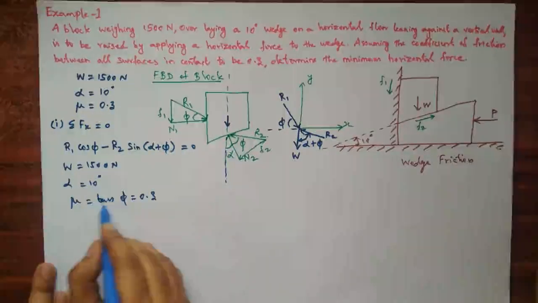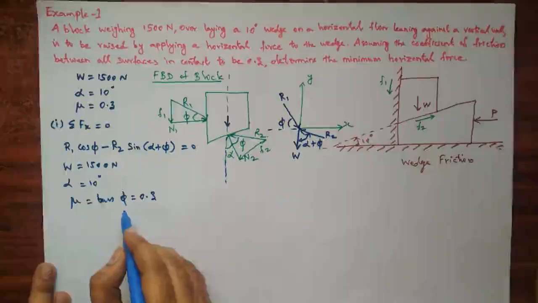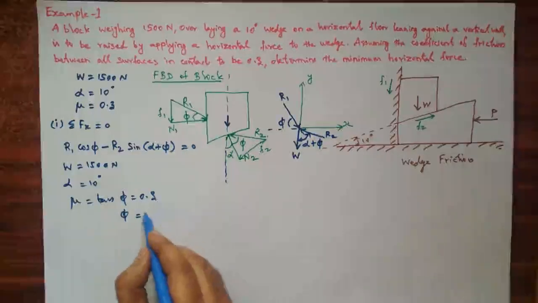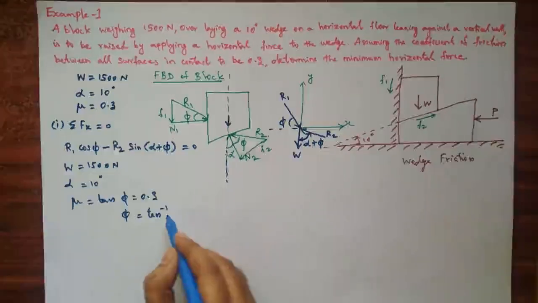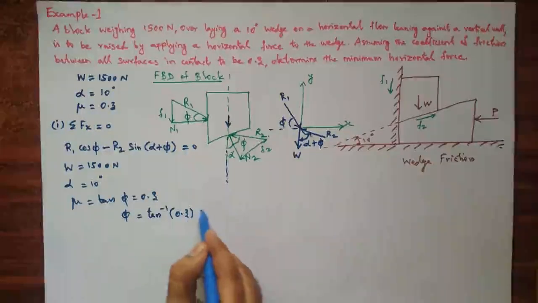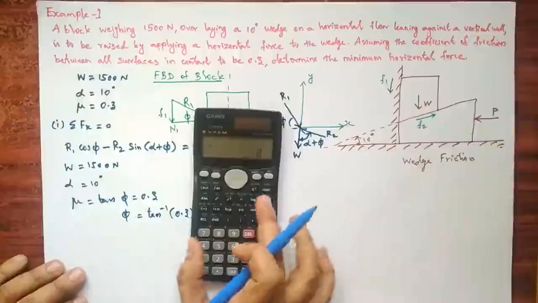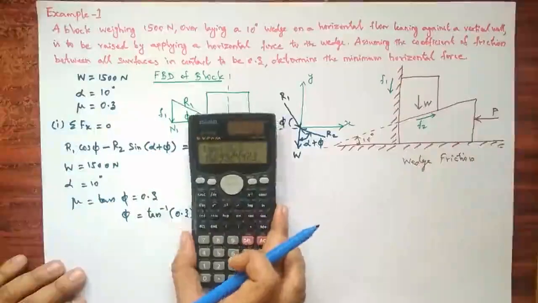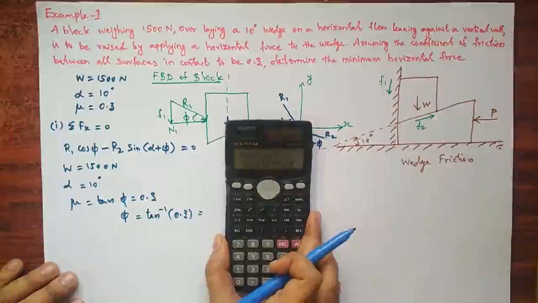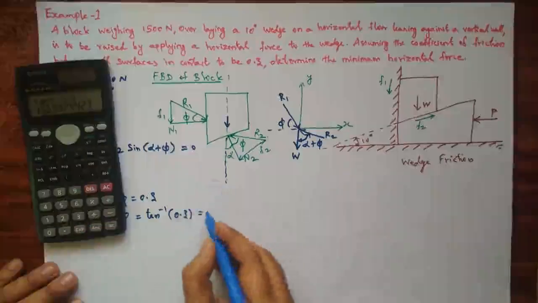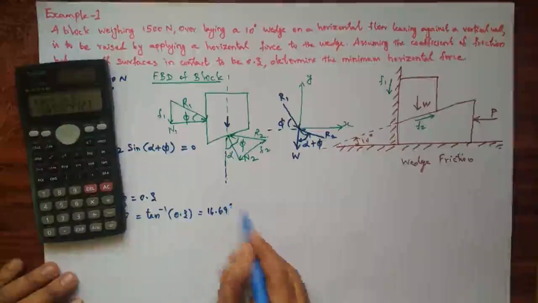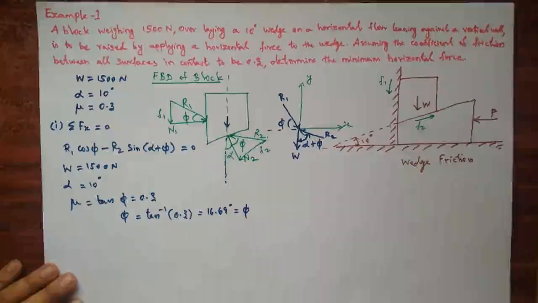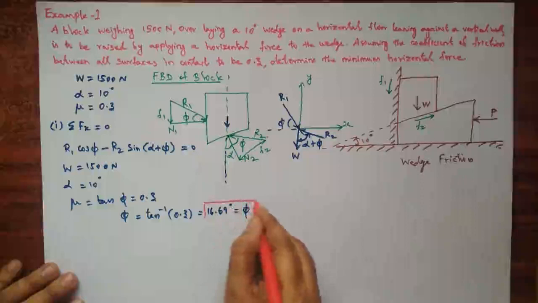So phi equals tan inverse of 0.3, which is 16.69 degrees. Now we got the phi value.